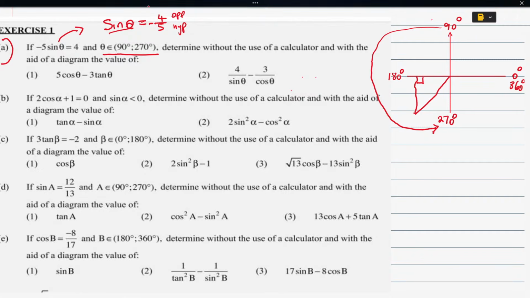So what is opposite? It's minus 4 over 5. I believe that we are together on this one.